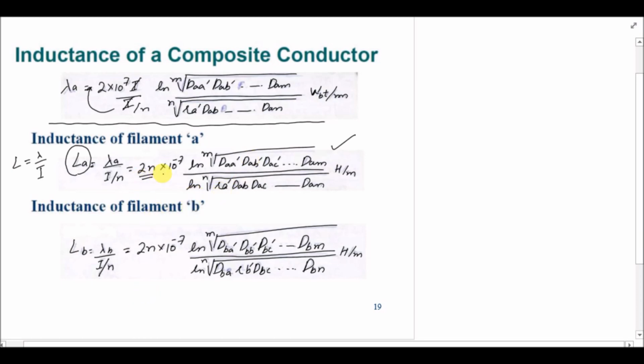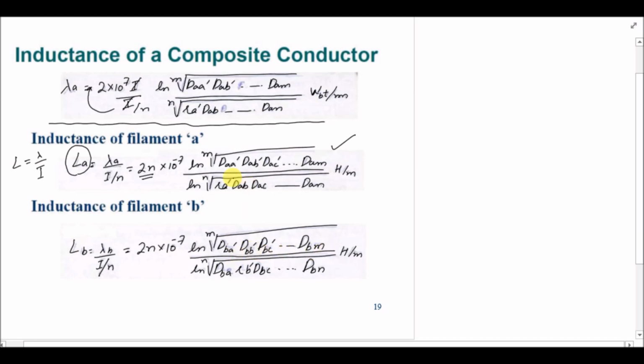So the remaining part of the equation will remain the same, 2n into 10 raised to minus 7 ln mn. M is the number of conductors in conductor Y, n is the number of conductors in conductor X. So dBA, in here it was daa dash, so now we are talking about conductor number B, and we are finding the inductance of conductor B, so that will be dBA dash, dBB dash.